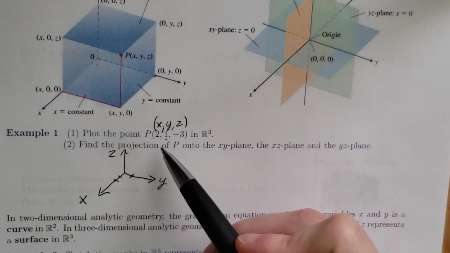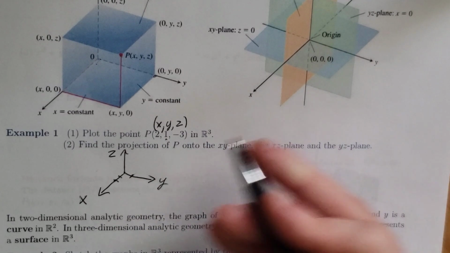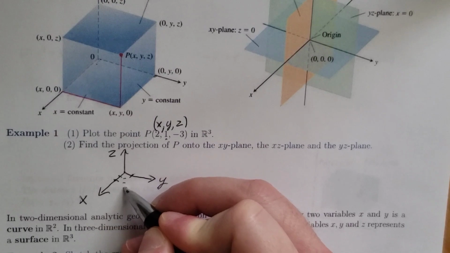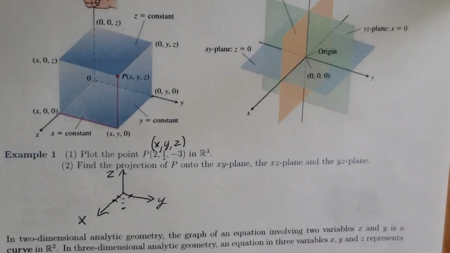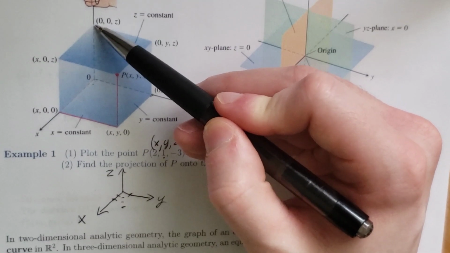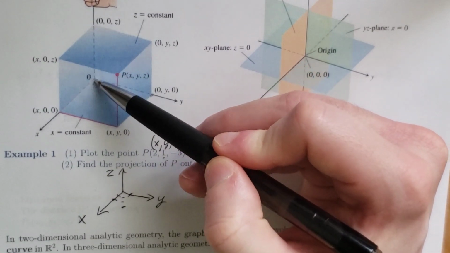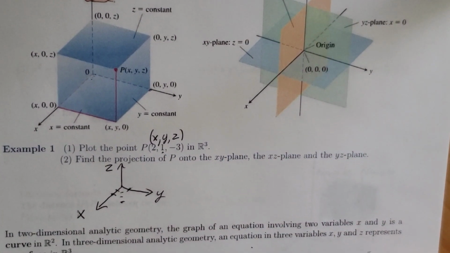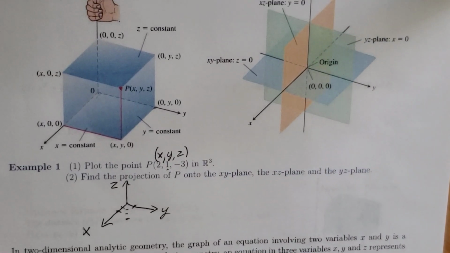Then z is -3, so we're going down 1, 2, 3. In this picture up here, that's actually this point on the rectangular prism, so the point on the z-axis that is not the origin. Just in this particular problem, we're going down instead of up.